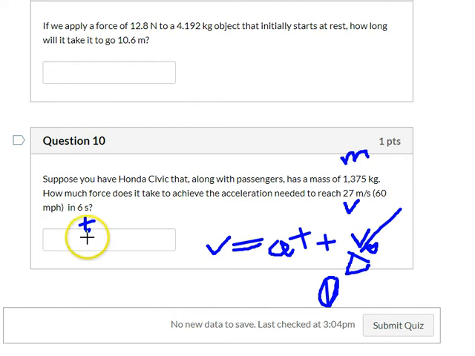How much force are we after? We know v and we know t, so we can find a. A is v over t. Once we have a, we use Newton's second law to get the force.